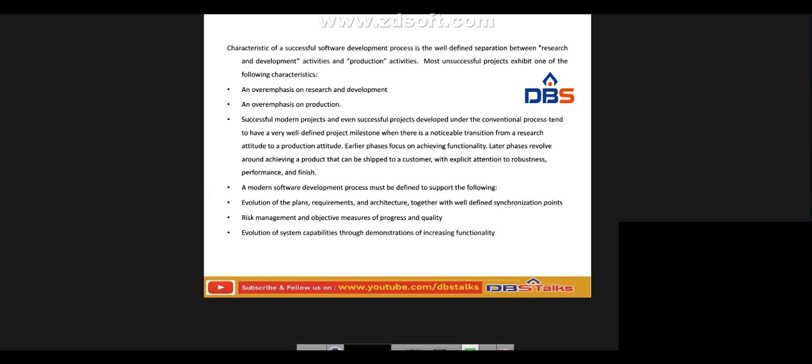So whenever we implement the software development process, the main thing is the evolution of the plans, requirements and architecture together with the synchronization points, and based upon the risk management and objective measures, the progression of quality and the evolution of system capabilities through demonstration of increasing functionalities will be defined. Okay.